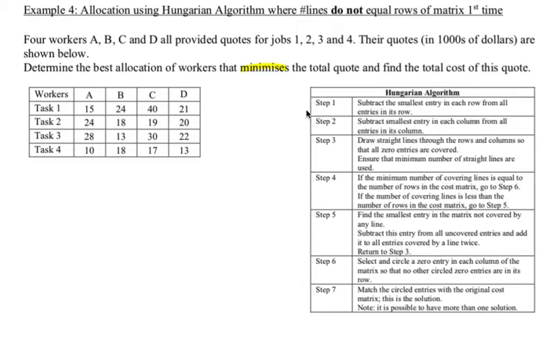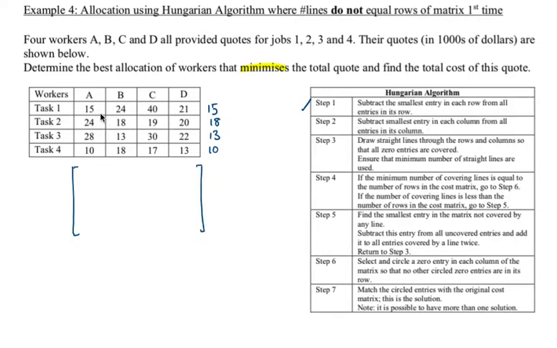Step 1 says subtract the smallest entry in each row from all entries in that row. So let's do that now. We've got our minimum there is going to be 15. Our minimum here will be 18. Our minimum in that row is 13 and 10. We draw out our matrix, in this case it's a 4 by 4.